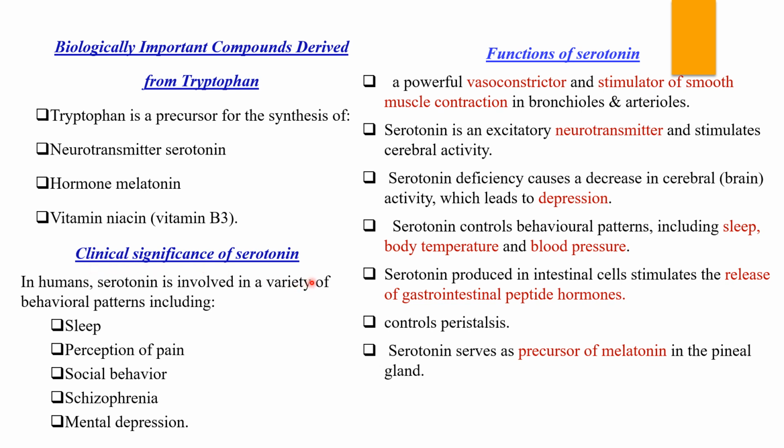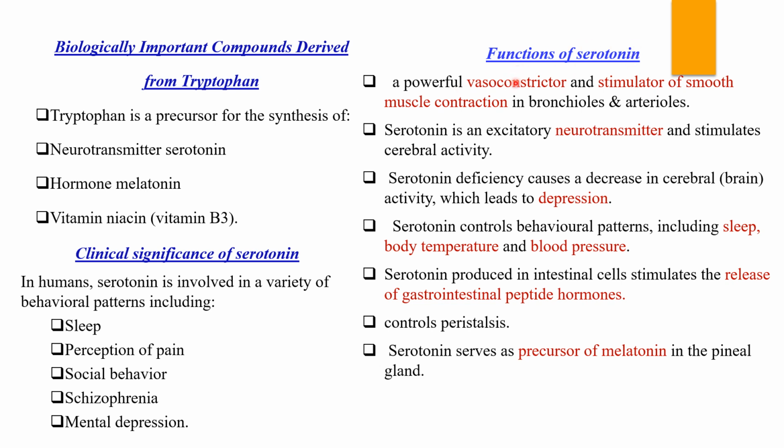Then clinical significance of serotonin. Serotonin is involved in a variety of behavior patterns, including sleep, perception of pain, social behavior, in schizophrenia and mental depression. So in deficiency of serotonin, there is huge mental depression because it is a neuroexcitatory neurotransmitter.